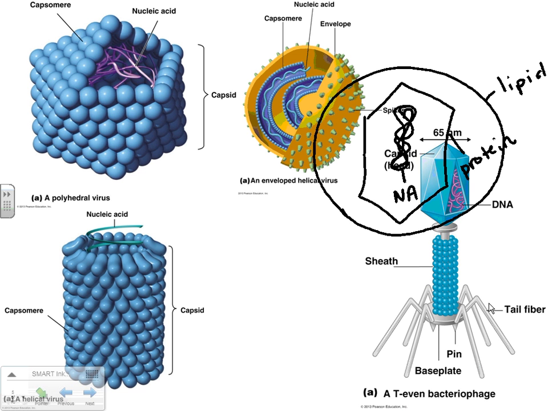And once he attaches to the cell wall of the bacteria, he kind of squats down. And when he squats down, the base right here has little sharp pins. Those pins will pierce into the peptidoglycan cell wall of a bacteria, and then the DNA will move through the little sheath and squirt into the bacteria.